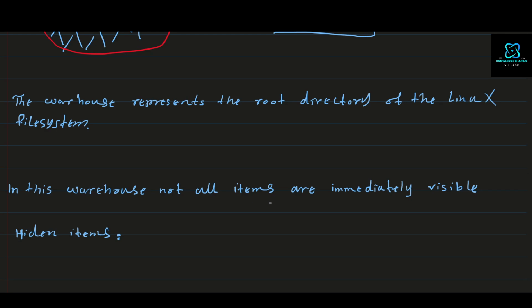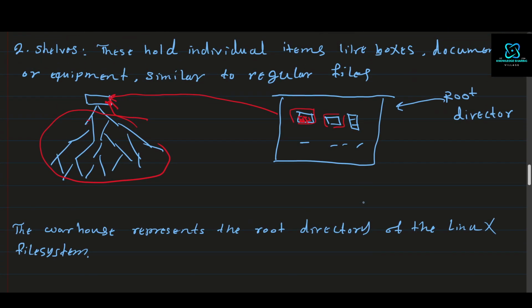So, in this warehouse, not all items are immediately visible. It is important to know that when you come directly into the warehouse, you cannot see everything inside of it. Some items may be behind others or behind covers, hidden.